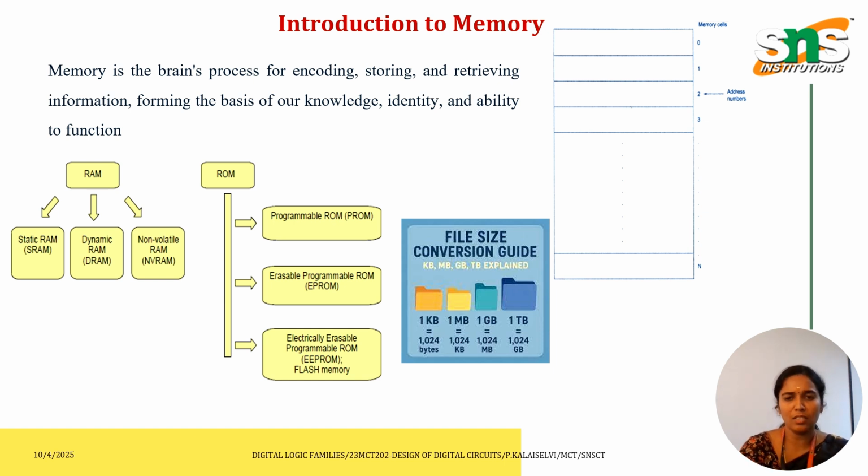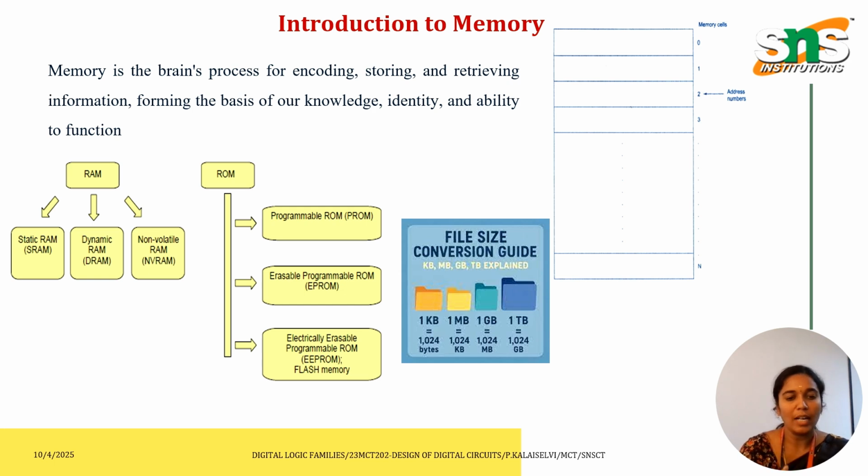Every system has memory, right? A smartphone, laptop, a computer. These have memories like 500 GB and so on. This is about your memory. Random access memory is a volatile memory. It loses its data when power is turned off.